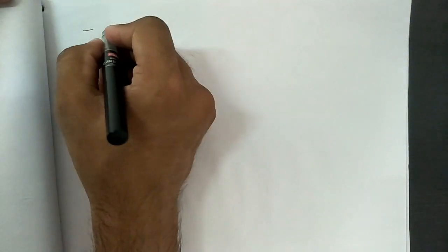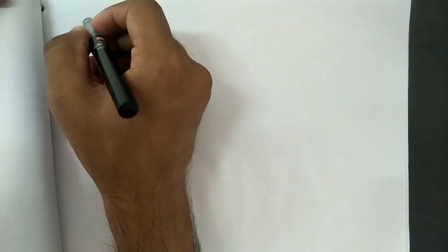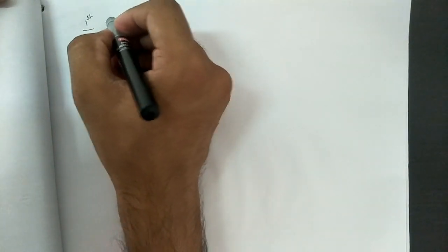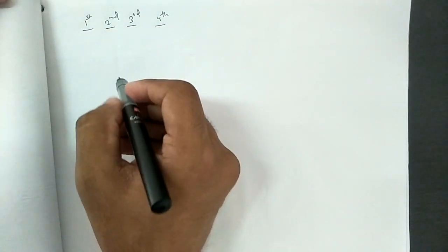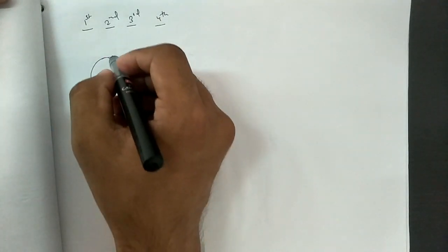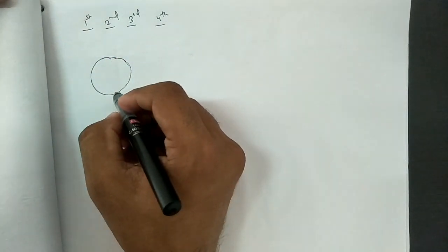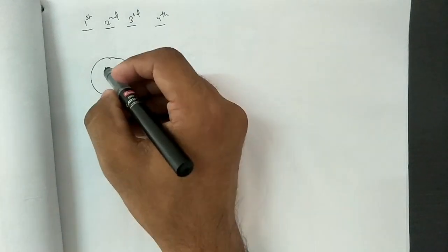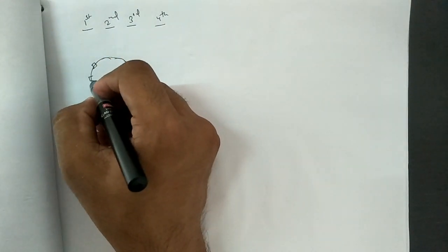Because in the linear method we have ranking or order. This is first, this is second, this is third, and this is fourth. But in circular manner we don't have absolute position of these elements.